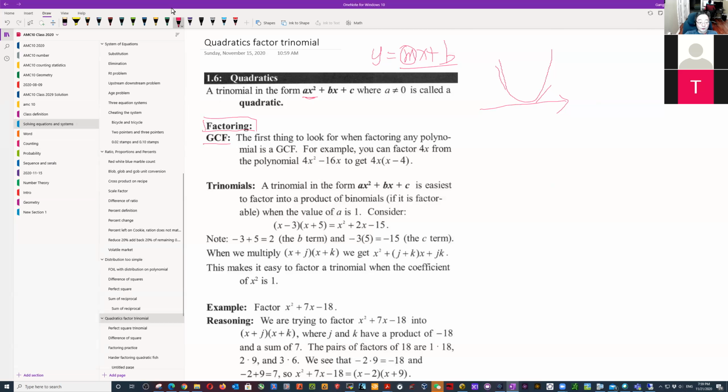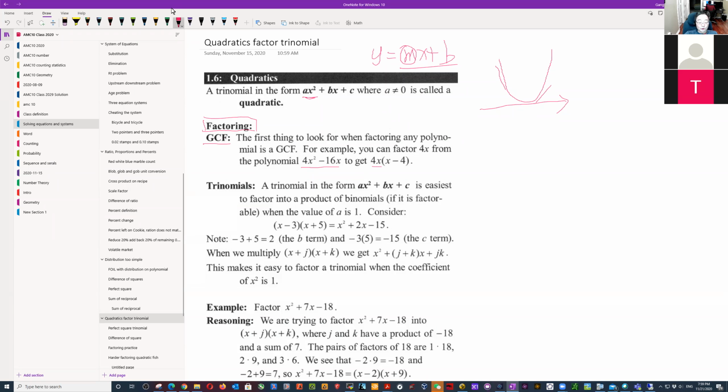GCF means that if you can find any common factor between all the terms, just pull it out. For example, here is not even a full trinomial, it's just a binomial. We find out that x is a common factor, it could be easily factored out. So that's the way we deal with this one.